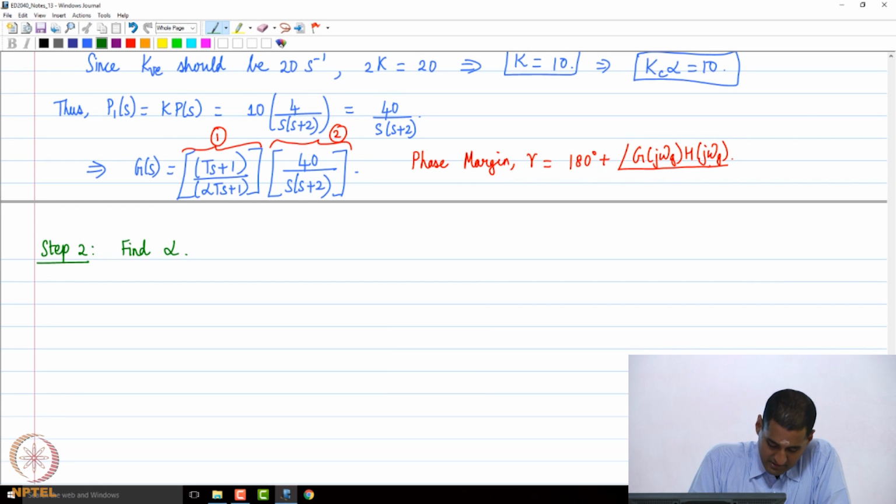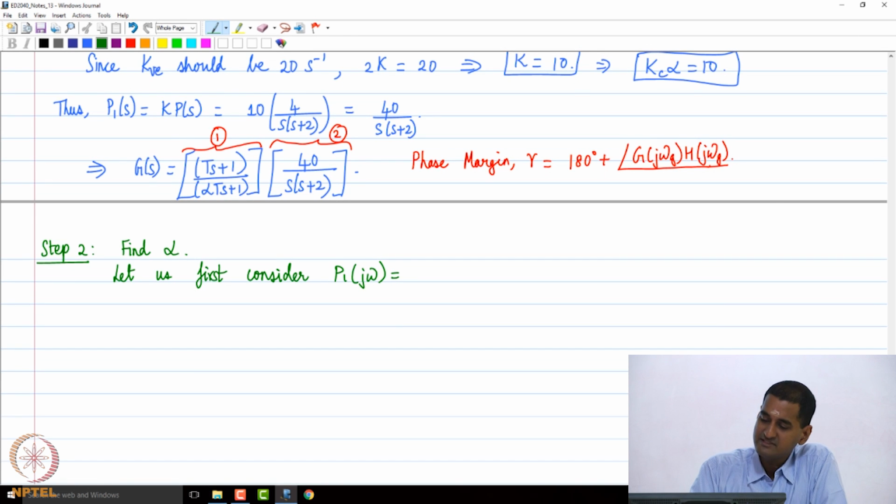For that, let us first consider P1(j omega), which is 40 divided by j omega times (j omega + 2). Find its phase margin.